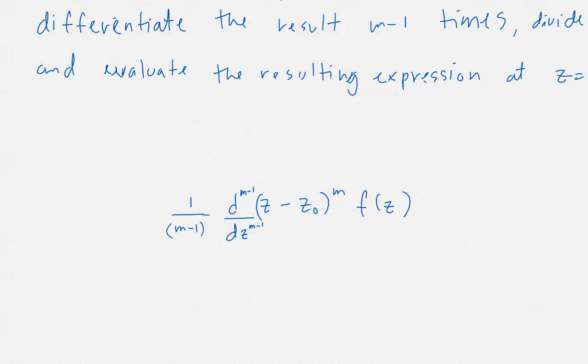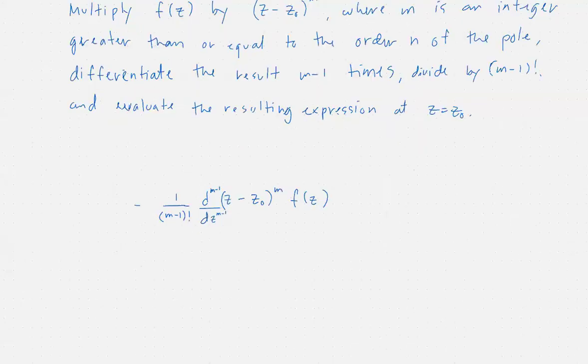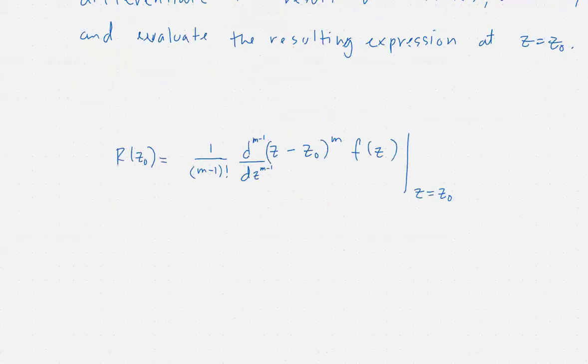And then evaluate; this is just r of z sub 0, the result evaluated at z equals z sub 0. So this is the formula translation of that particular statement.